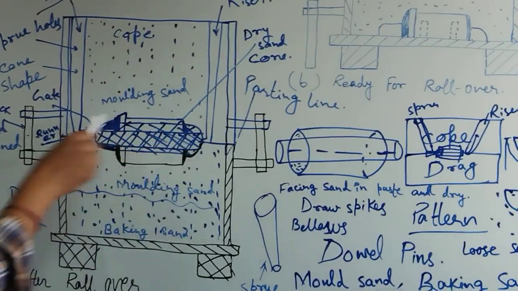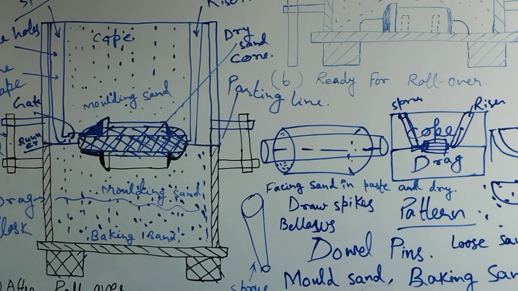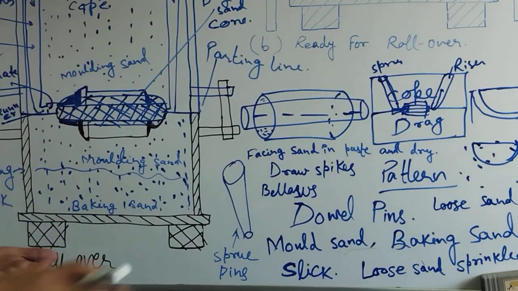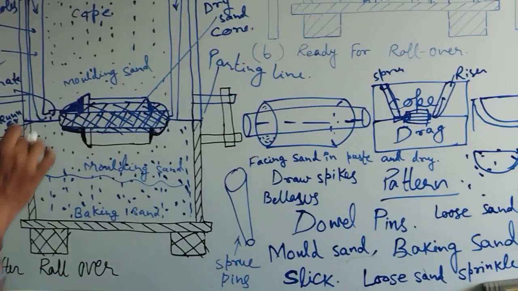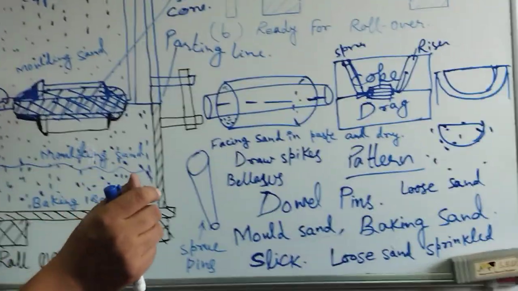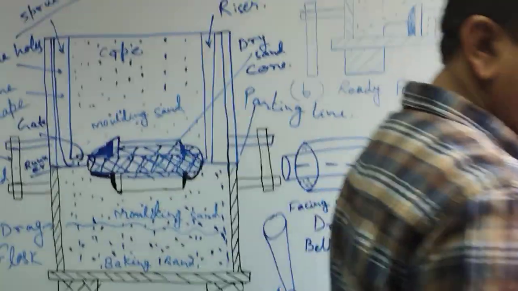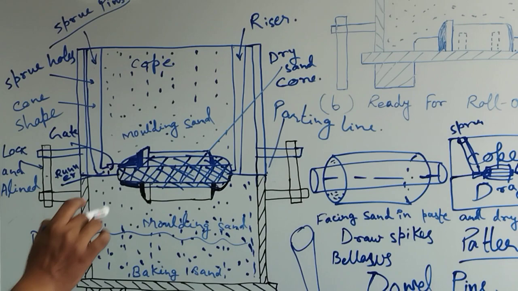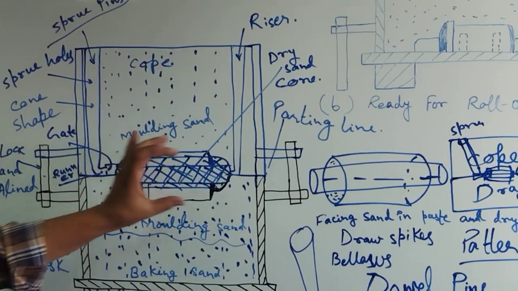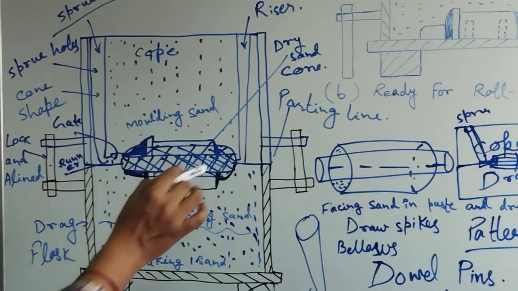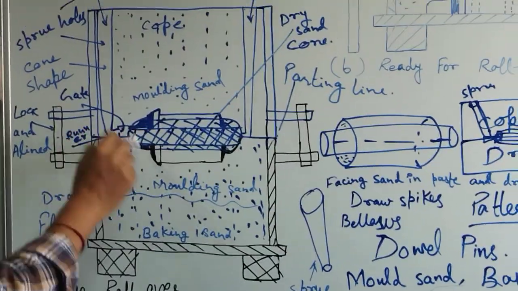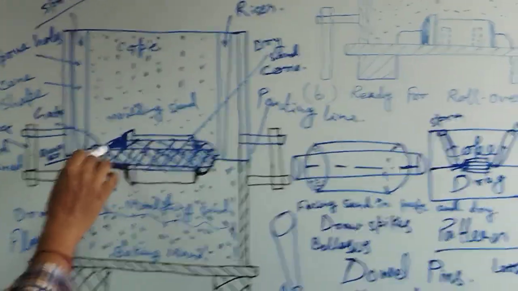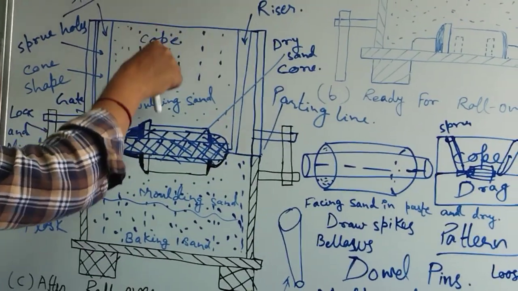On the facing portion of the cope and drag parts, the facing sand paste is placed on the mold cavity, through which the finished product is very good, and the design of the object is preserved. Then place the dry sand core. After that, place the cope part.